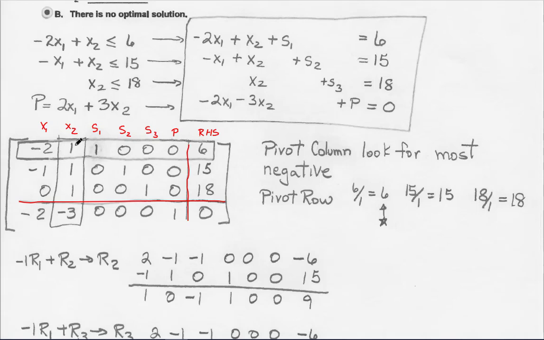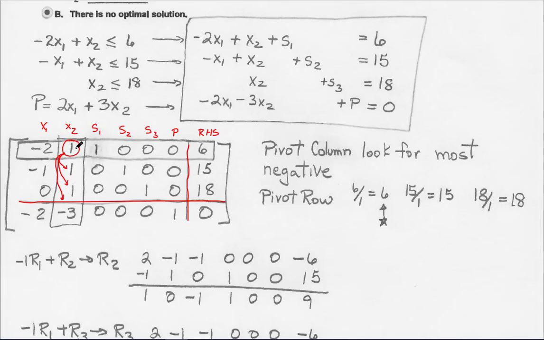Our goal after we find that, so here's the thing I want to focus on. I want to use it to make a 0 there, to make a 0 there, and to make a 0 down there. Long and tedious.